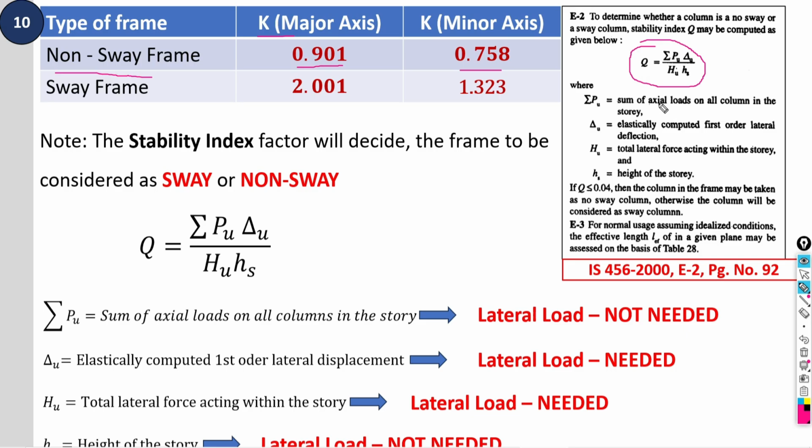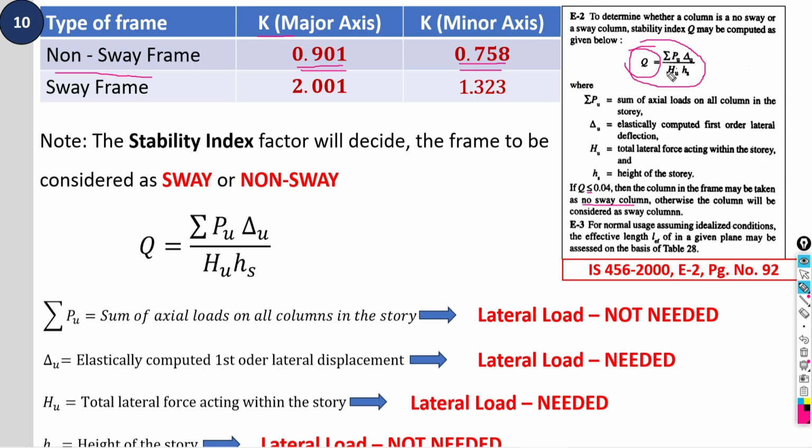This stability index factor is going to decide whether your column or frame is a sway frame or a non-sway frame. After calculating Q, the stability index factor, if it is less than or equal to 0.04, your frame is considered as no sway. For no sway, the effective length factor will always be less than 1, which means there is more chance of your column being short and your design will be easy.